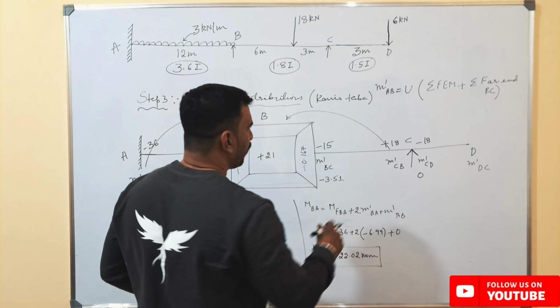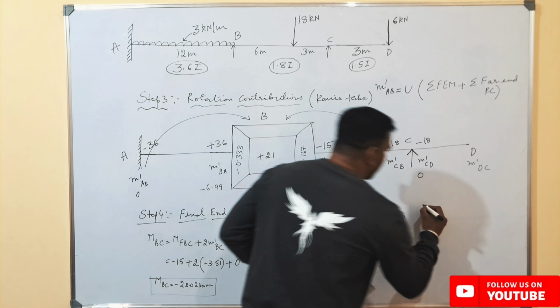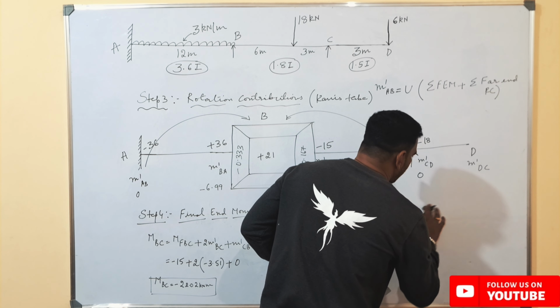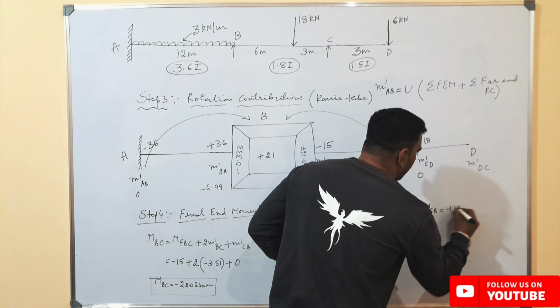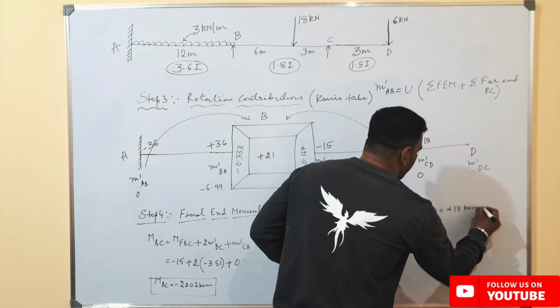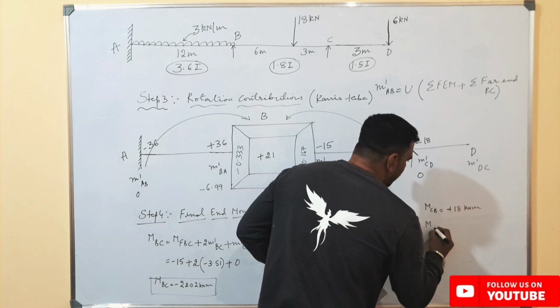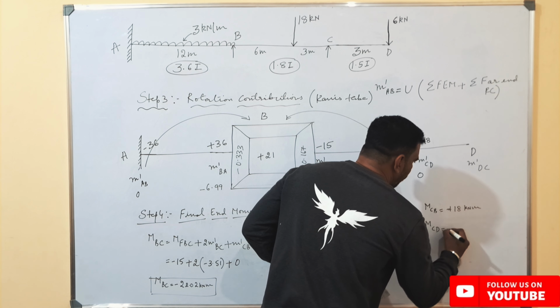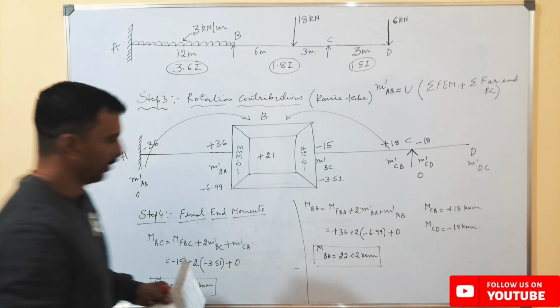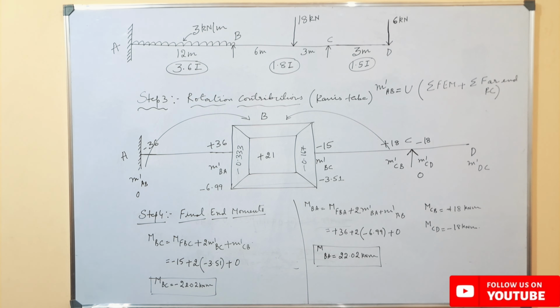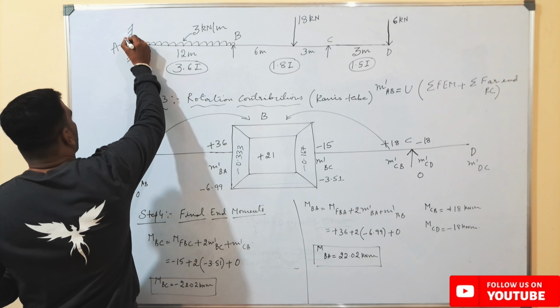And the final moment from point C to B, we know it is plus 18 kilonewton meters, and the final end moment from point C to D, we know it is minus 18 kilonewton meters. So representing these values over here, from A to B, how much we have got?